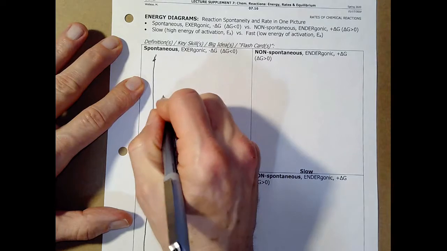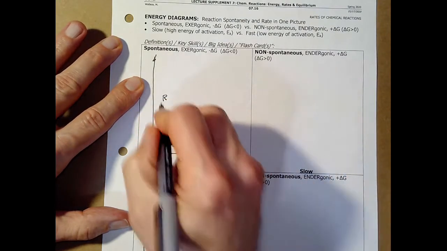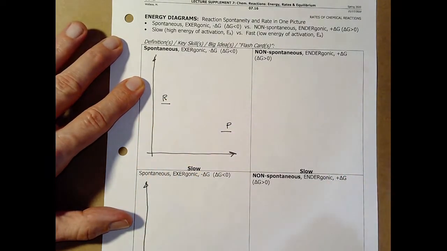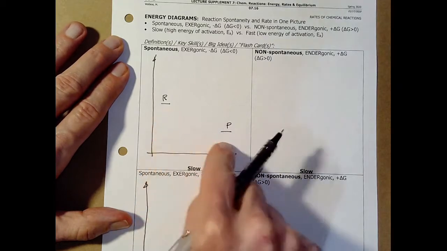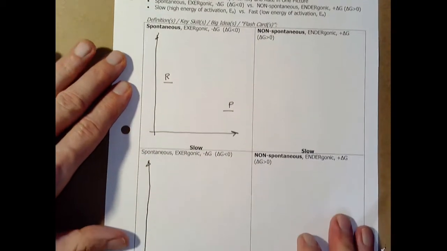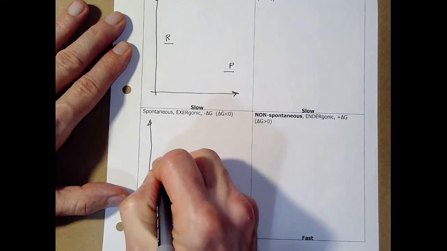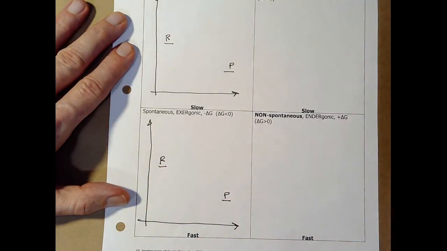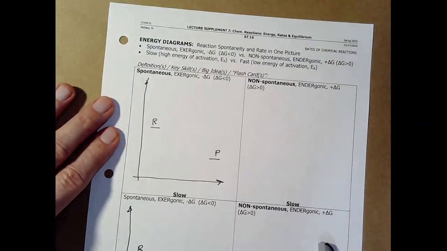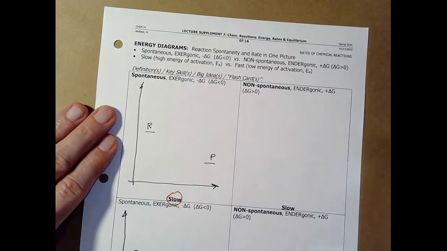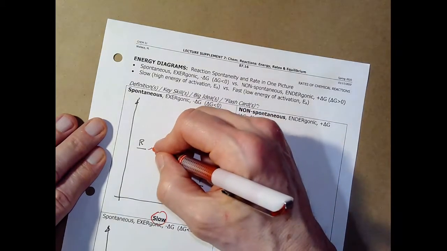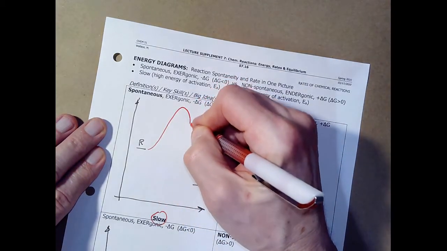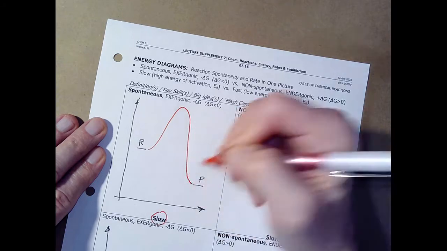So I might think, well, here are my reactants. There are my products. The energy of the reactants, energy of the products. This says exergonic. So I'm going to say, okay, well, there's my reactants. There's my products. Now, this says the reaction is slow. So I can think whatever happens in between looks like that.